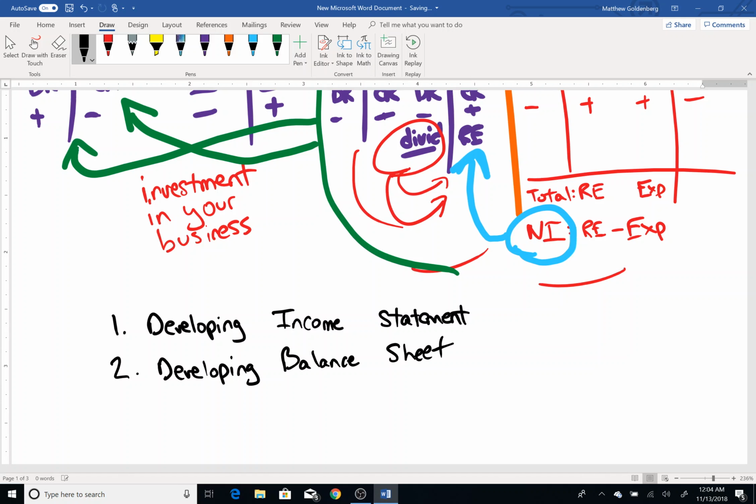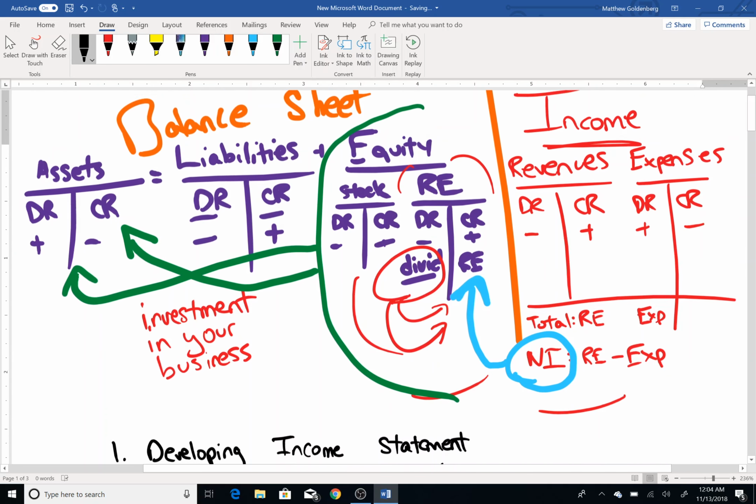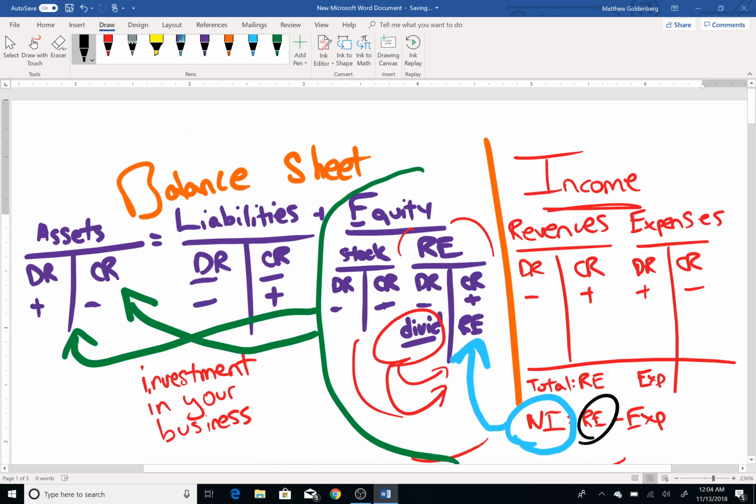Just call it, because of how they're connected logically, your reinvestment, your retained earnings, your income gets put into retained earnings.